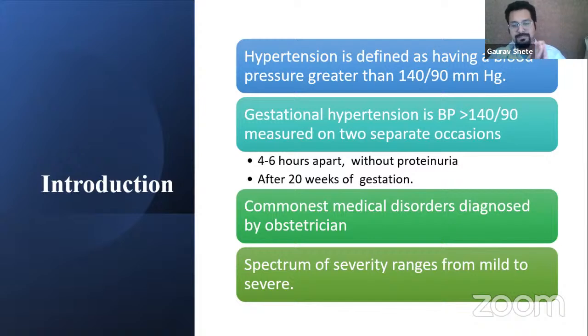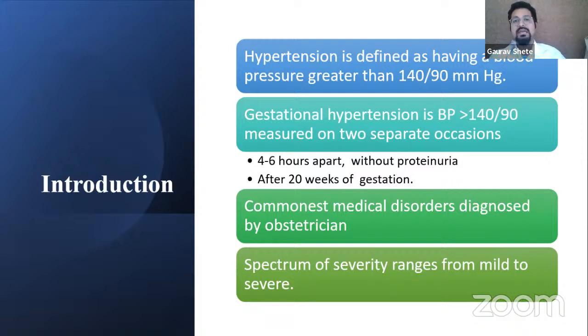If there is a man or a non-pregnant lady in front of you who has a BP of 140/90, yes, it is a physician's role to come into play and control the hypertension. But when the same lady is pregnant and her BP is 140/90, we as obstetricians have to be very cautious.